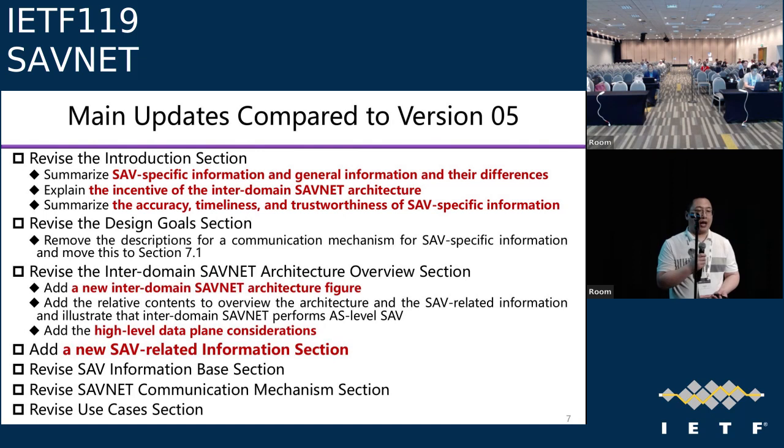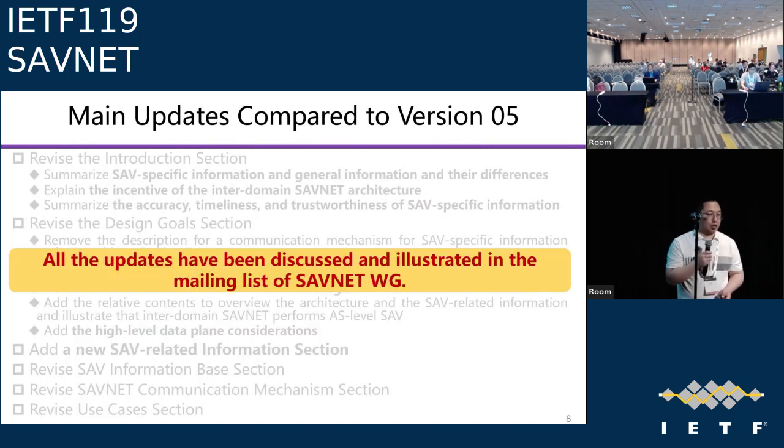And we have added the high-level data plane considerations as well. We have added a new cell-related information section and revised the cell information base, Savnet communication mechanism, and the use cases sections accordingly. Okay, all these updates have been discussed and illustrated in the mailing list of Savnet work group.